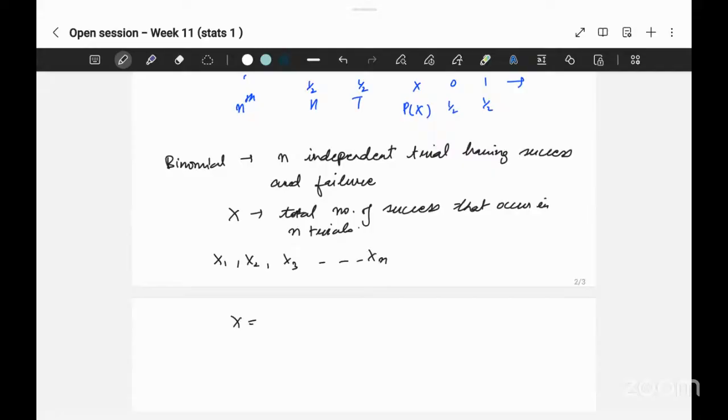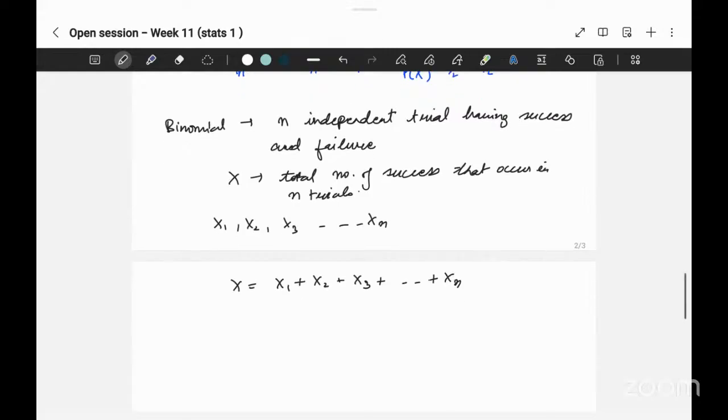So my x will be equal to the sum of all the success that are happening in my n trials. So this is my x. So now I say that my x is following a binomial distribution with parameters n comma p, where my n is the number of trials and my p is the probability of success.